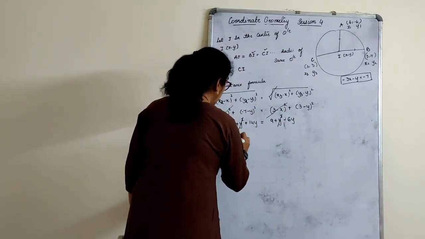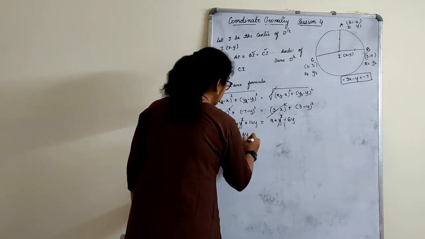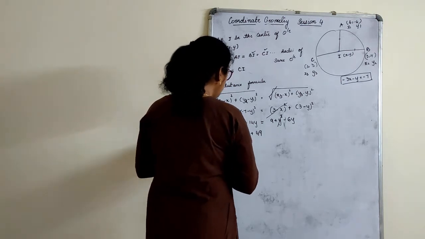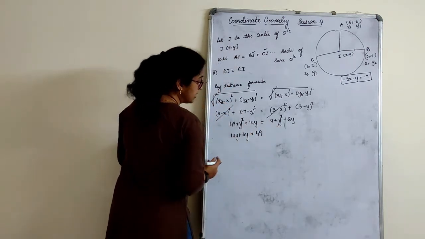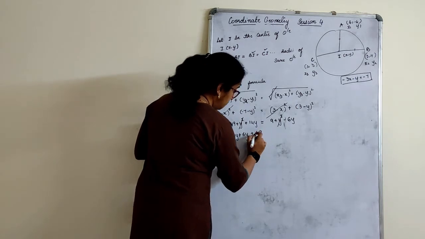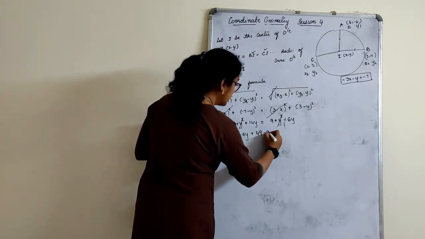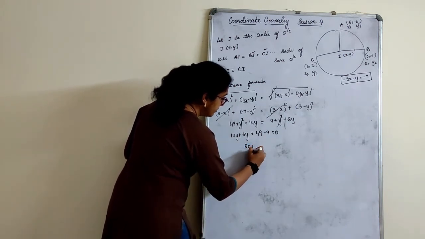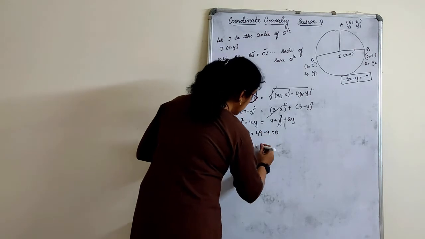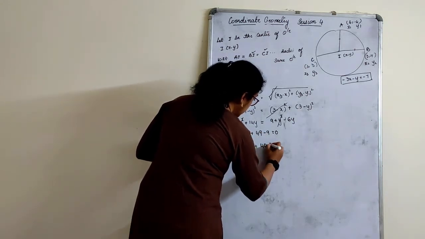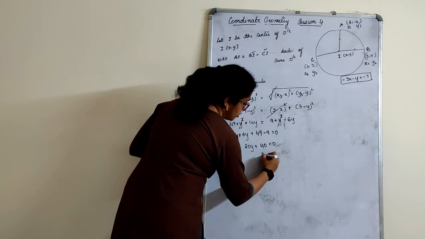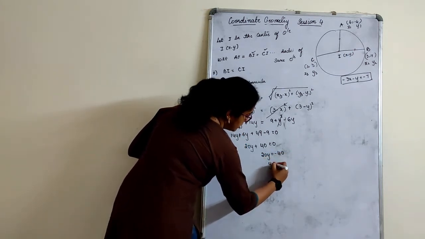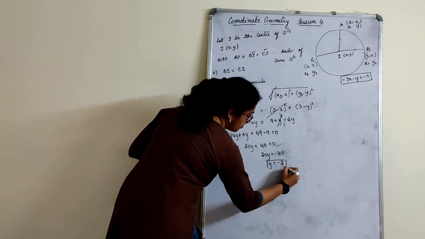So what do we get? 14y plus 6y plus 49 minus 9 is equal to 0. 14 and 6 will give you 20y plus how much? 40 is equal to 0. 20y is equal to minus 40. So y is equal to minus 2.